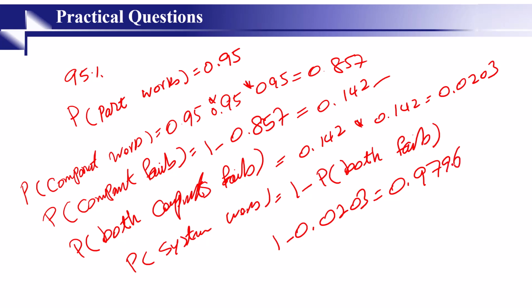So with a probability of almost 98%, the system works fine. It means at least one component functions correctly.